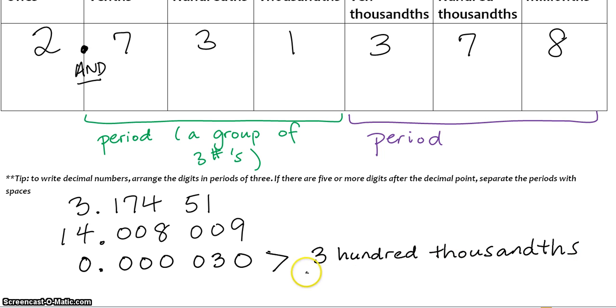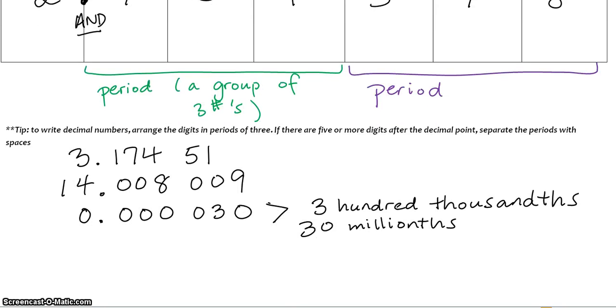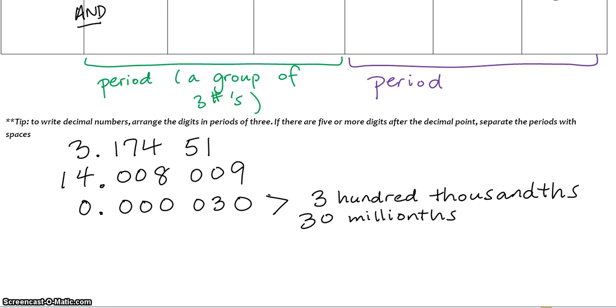Or you could say it as 30 millionths. So think to yourself why you could say it in either of those 2 ways. Again, 3 hundred thousandths or 30 millionths. Okay. Let's do one more here.